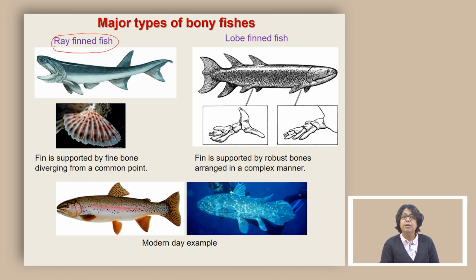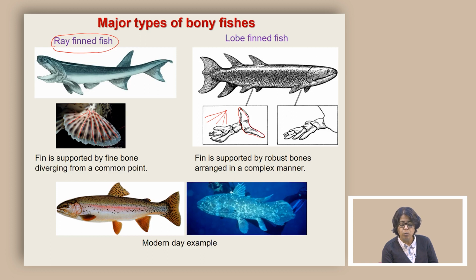On the other hand, there are very unique types of fishes which, instead of having ray fins, have something called a lobed fin. It means that instead of these single point and diverging patterns of support of the fin bones, they have a muscular pattern of the fin.